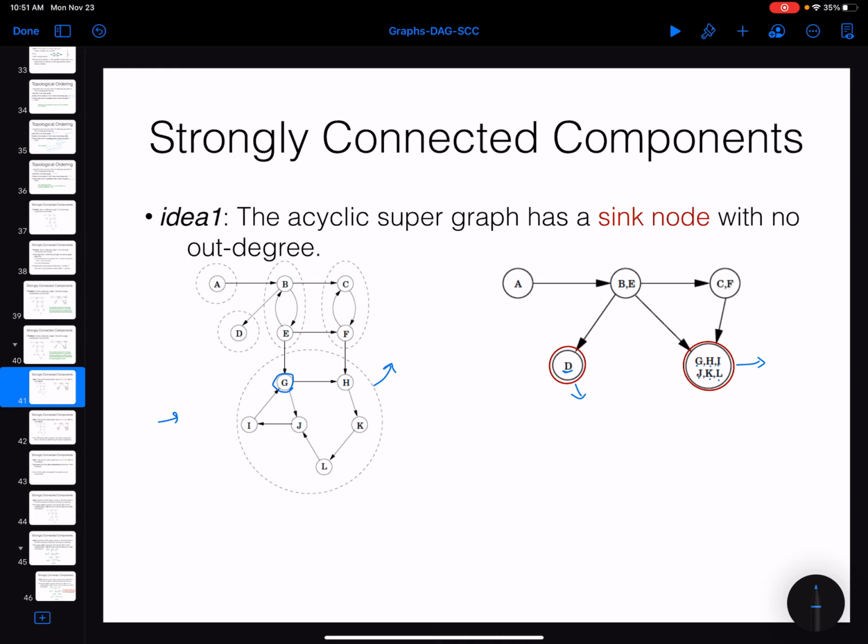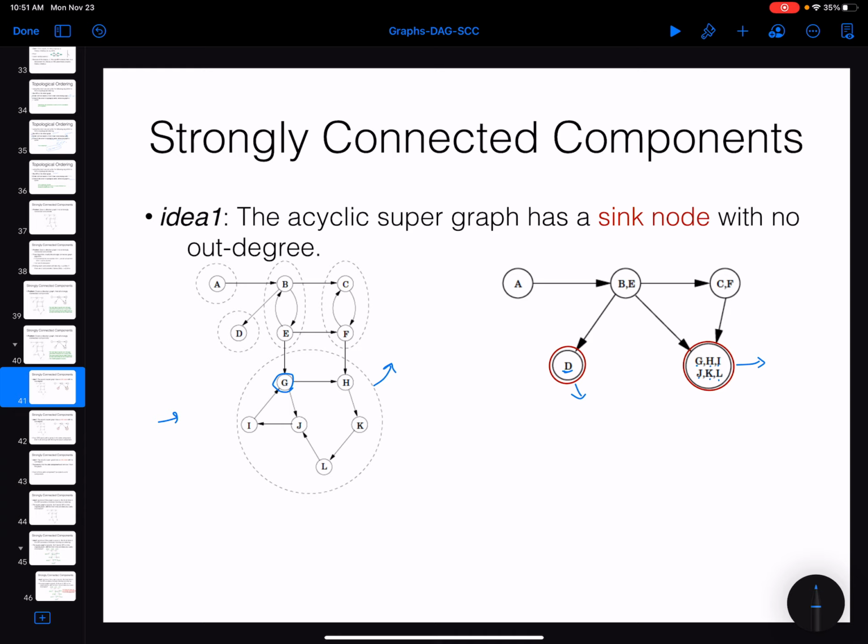Okay, so that's it. If I know one node from a sink node in the supergraph, I can run the BFS or DFS, find all the nodes which are reachable, and I know that they are all a part of this strongly connected component.